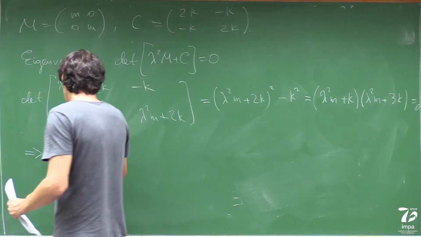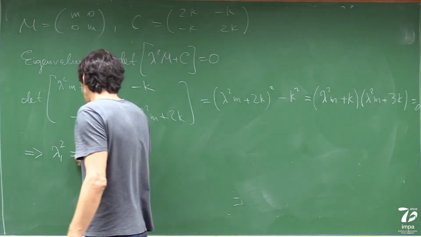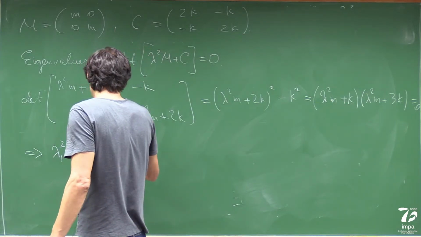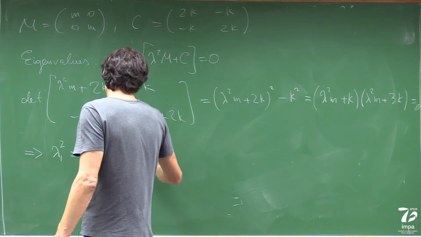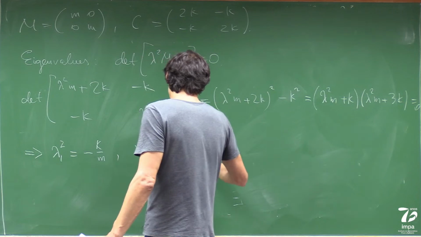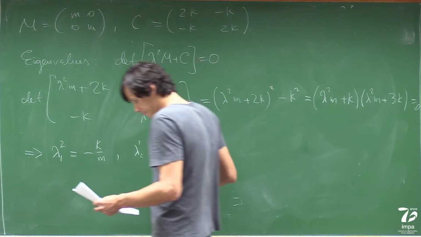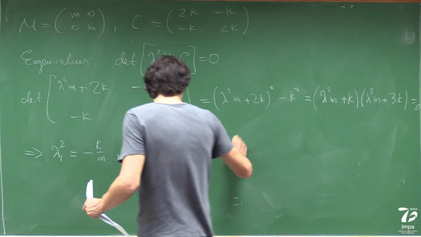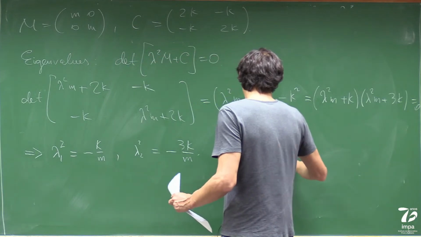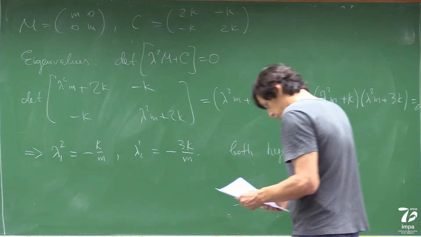The first eigenvalue comes from the first factor being 0: lambda squared is minus k over M. And the second is minus 3k over M. Again, as promised, we get 2 eigenvalues such that the squares are real and both negative. Good.